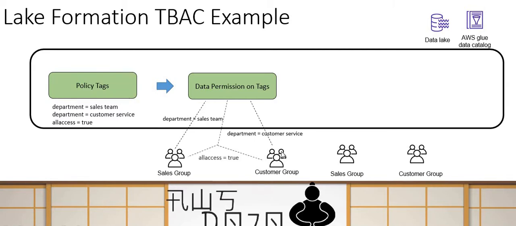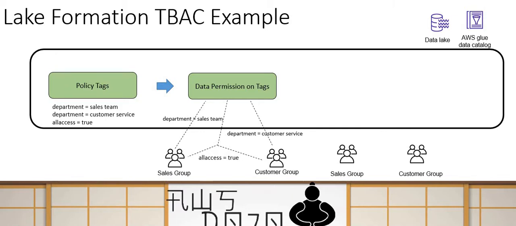And then you define a third data permission, saying that whatever resources have all access equal to true, both the sales group and customers group will have access to those resources. So you defined three policy tags, and for these three policy tags you define the data permission.